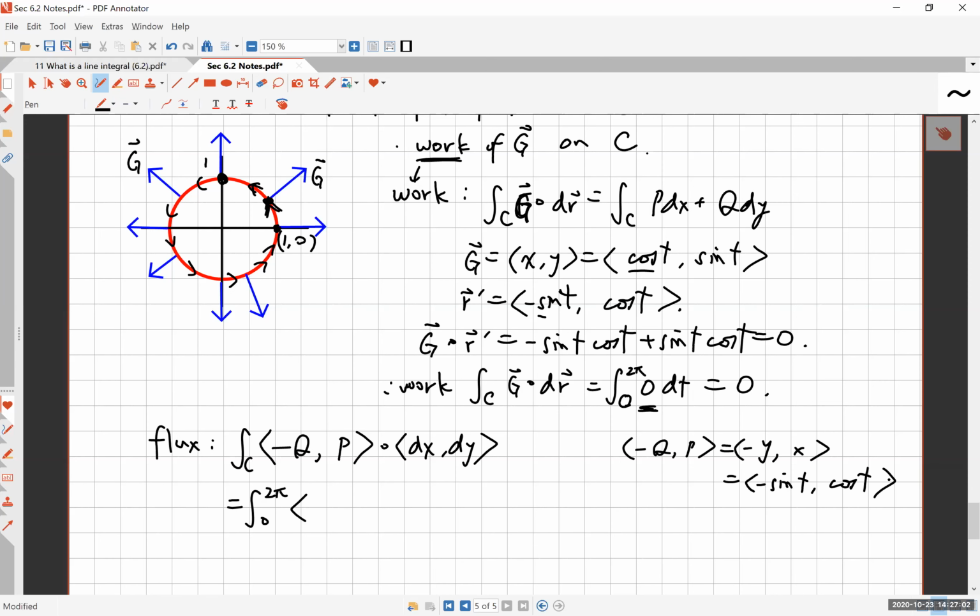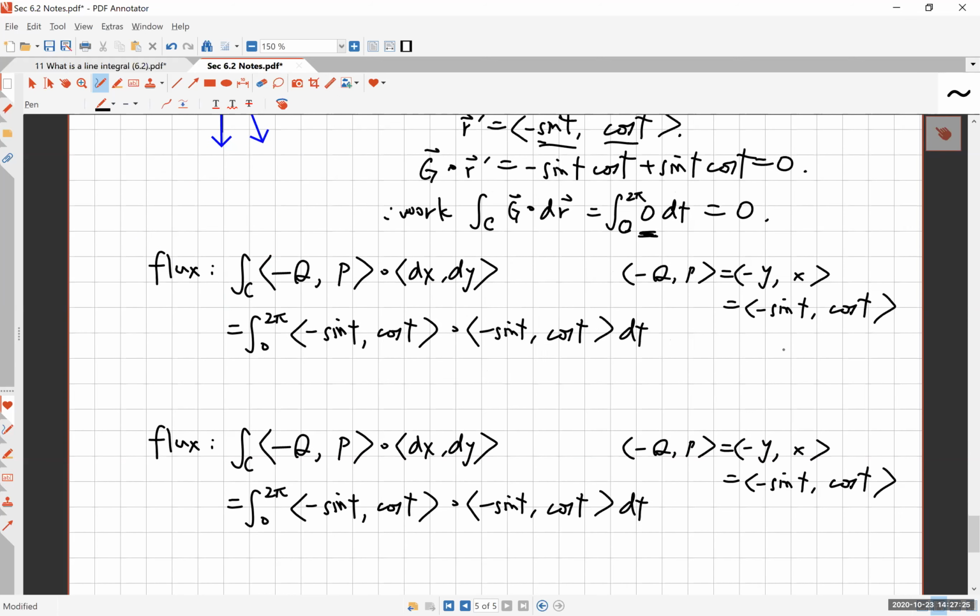So when you do this, negative q is going to be negative sine, and then p is cosine of t, and the x dy, that's this, so it's negative sine t cosine t, and that's what you're dotting.